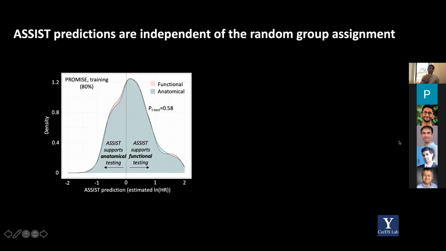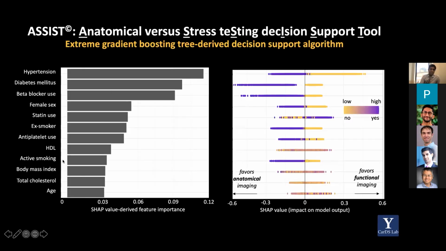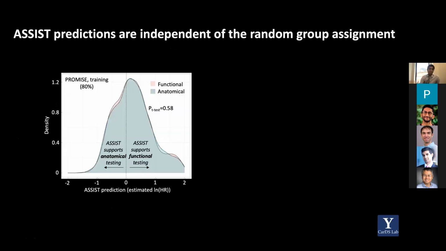Instead of predicting favors anatomical or favors functional, we are predicting the absolute log hazard for that individual based on the set of features that we have here. These features were put into a second XGBoost model. This is the basis of the tool that we finally proposed in the study, which is an individualized hazard ratio, not based on a trial, but based on their features.